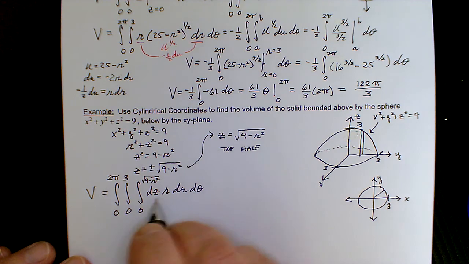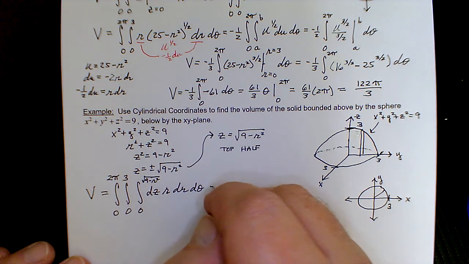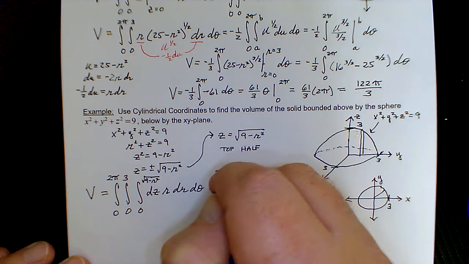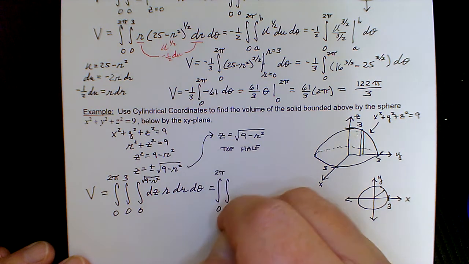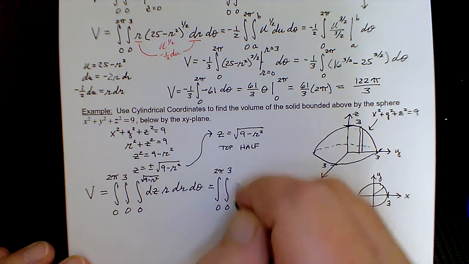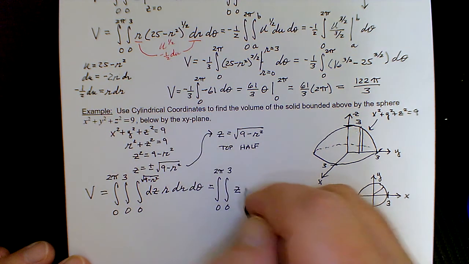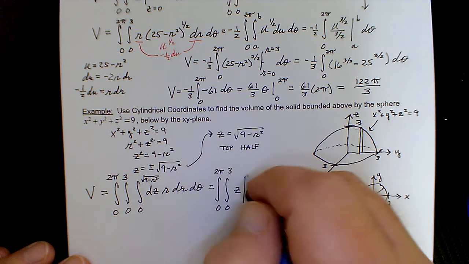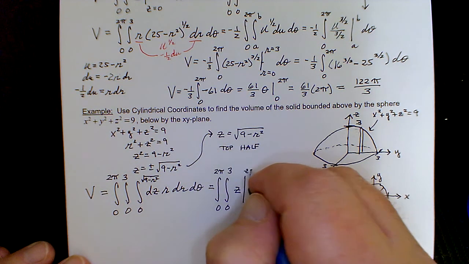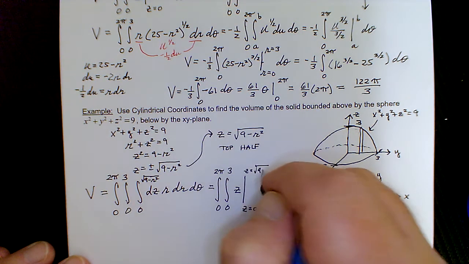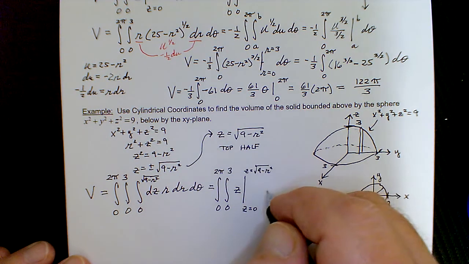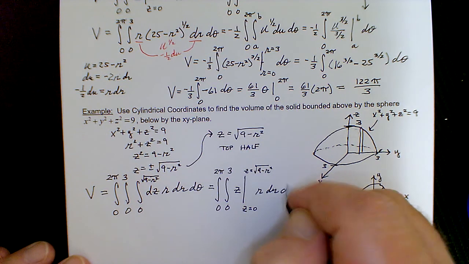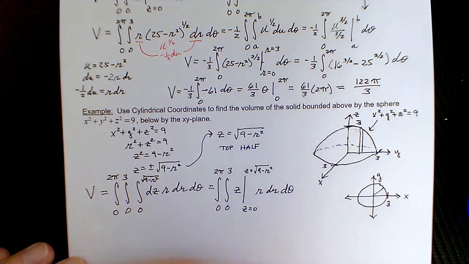Okay, so we integrate dz to get z. We get the integral from 0 to 2 pi, integral 0 to 3. Again, integrating dz to get z. That says z goes from 0 to the square root of 9 minus r squared. And then we have the r dr d theta.